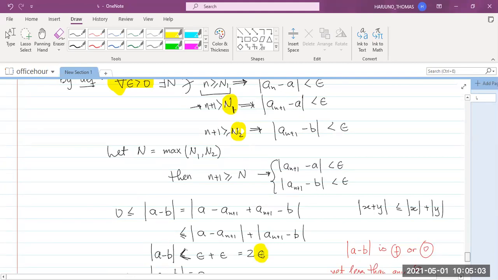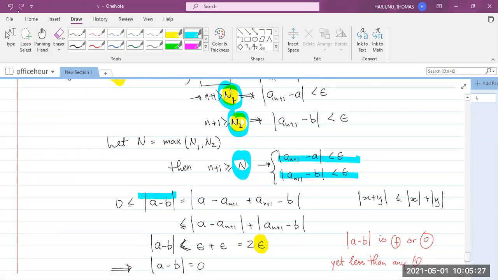Whatever positive number you choose, I will come up with N1, N2, and therefore an N such that every term after this capital N will satisfy this condition, and that implies the difference of A and B will be less than twice any positive number you choose.